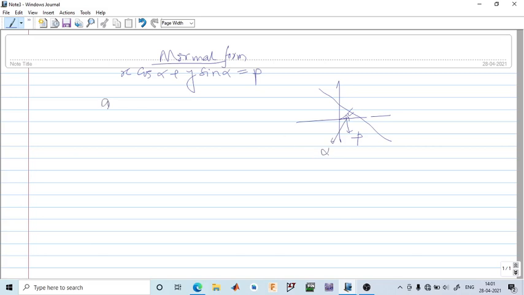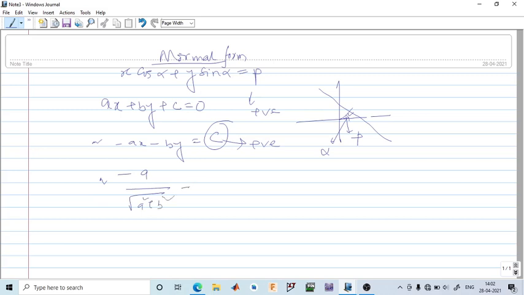So when you are converting this general equation into normal form, what we generally do, we perform like this. This is positive, so I am taking this is also positive, right? So if you take the equation in this manner, that is dividing by root a square plus b square, the coefficient of x and y we are dividing.